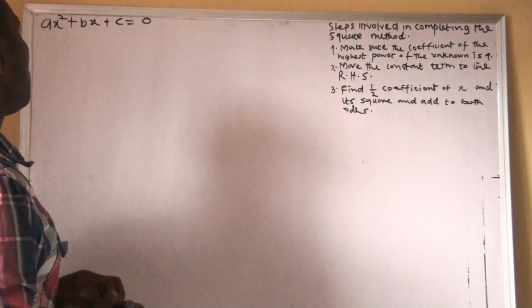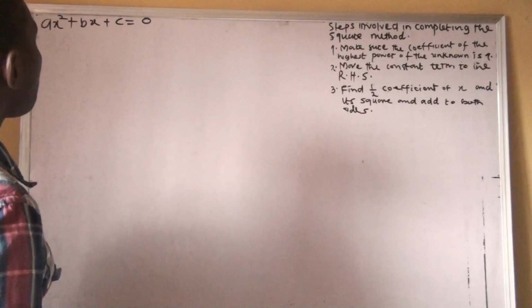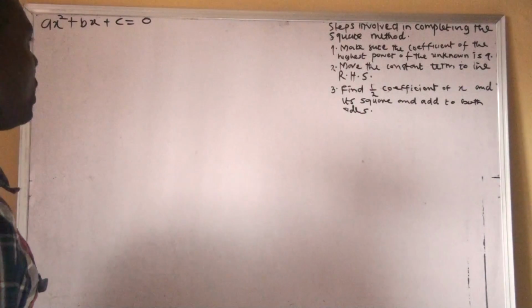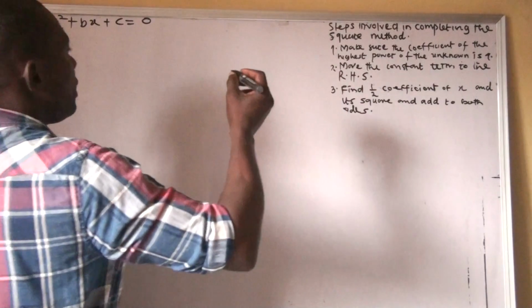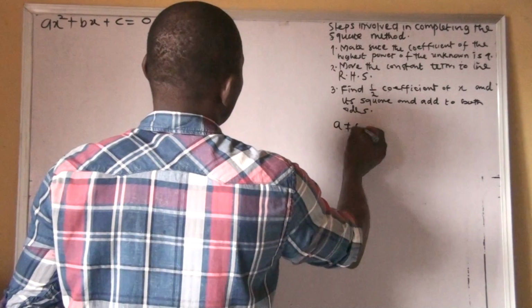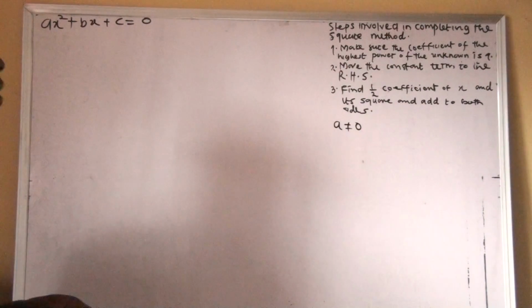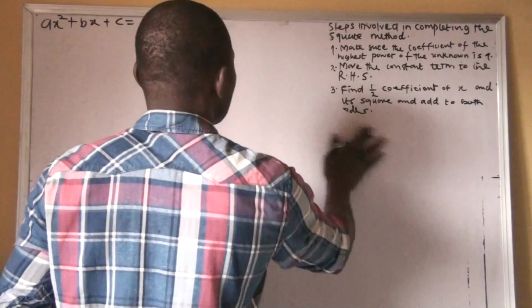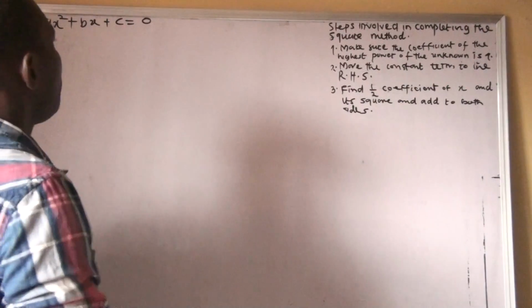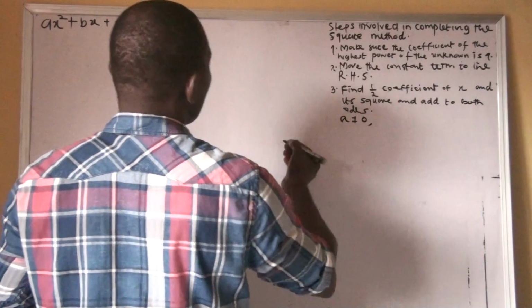So the highest power of the unknown here is 2, which makes it a quadratic equation. Here, a must not be equal to 0. When it is 0, it is no longer a quadratic equation. Okay? a must not be equal to 0.